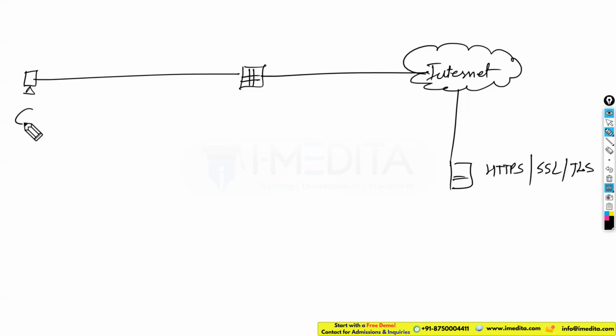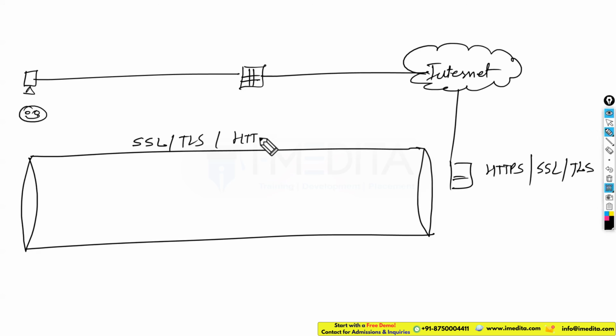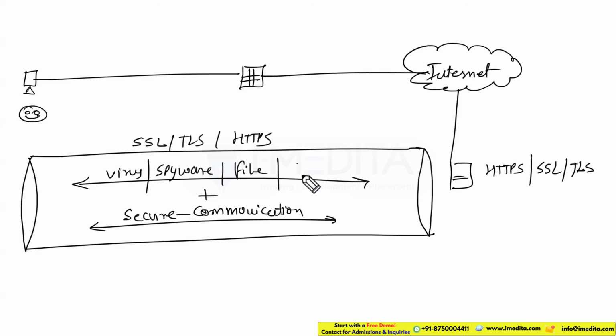Now, the client from the LAN will establish an SSL or HTTPS or TLS tunnel with the server. Using this tunnel, the user can do secure communication. Along with secure communication, the user can send or receive viruses, spyware, files, and there can be data loss.